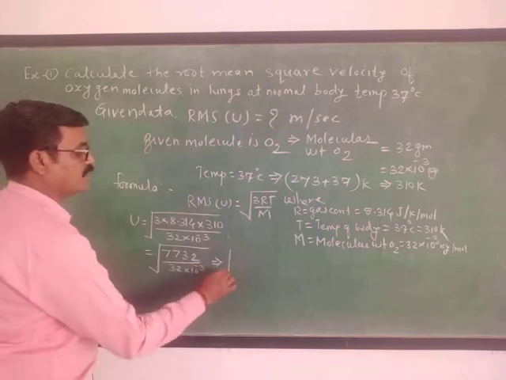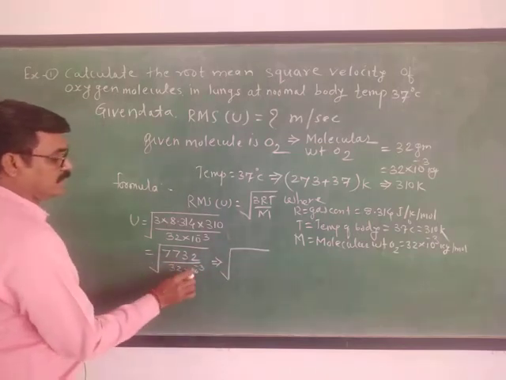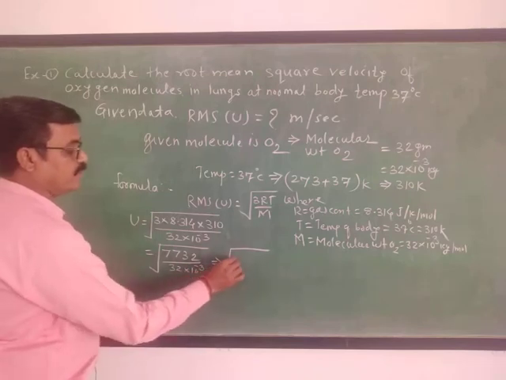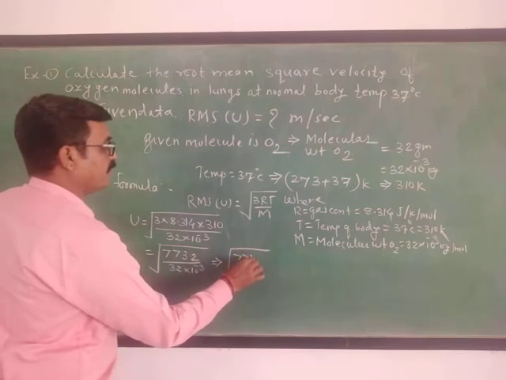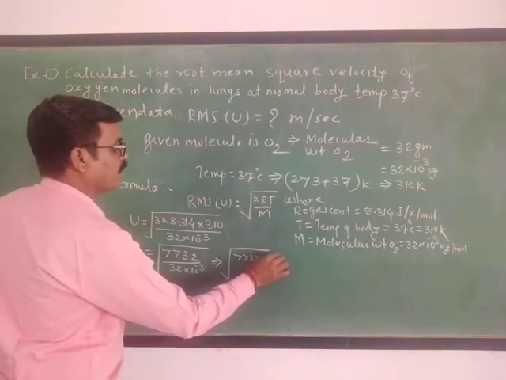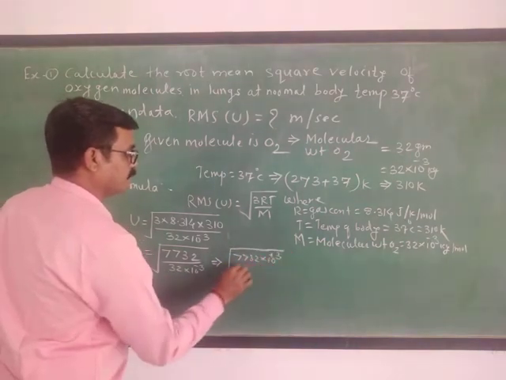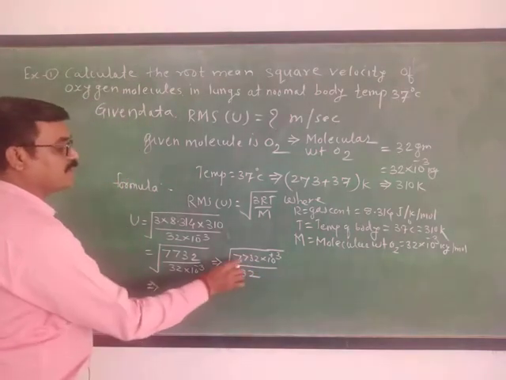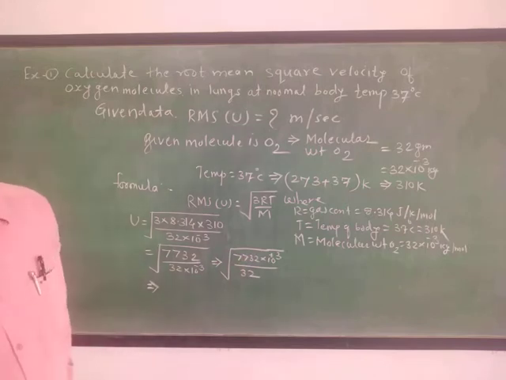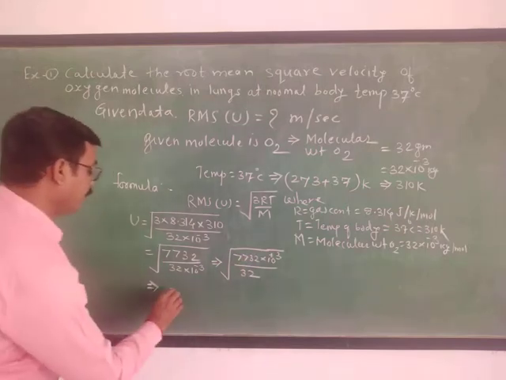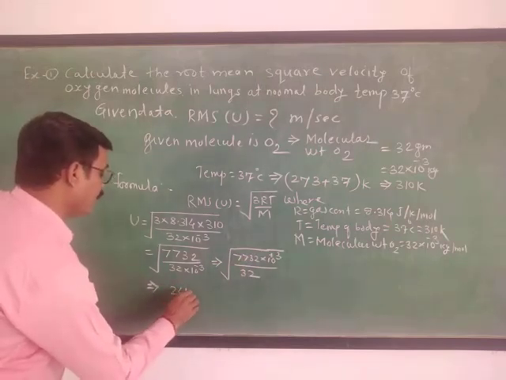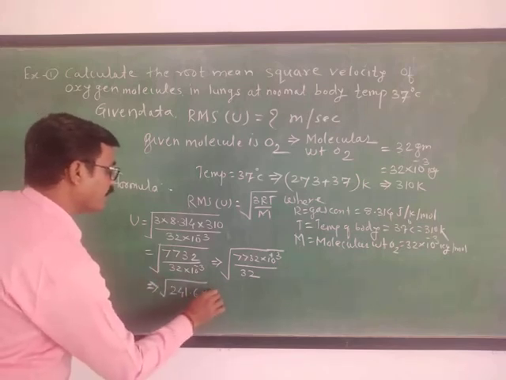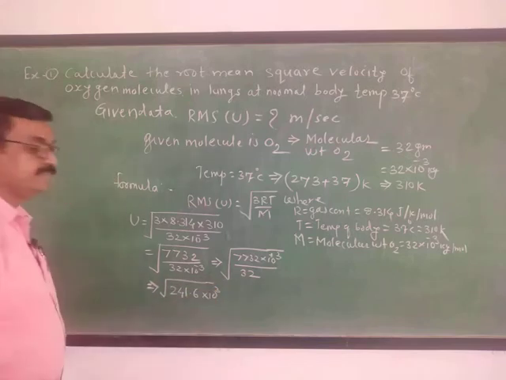Now solve this. Here 10 raised to power minus 3 is in the denominator. When it comes to the numerator, it becomes positive, so under the root 10 raised to power plus 3. After this calculation, 7732 divided by 32 will be 241.6 into 10 raised to power 3.